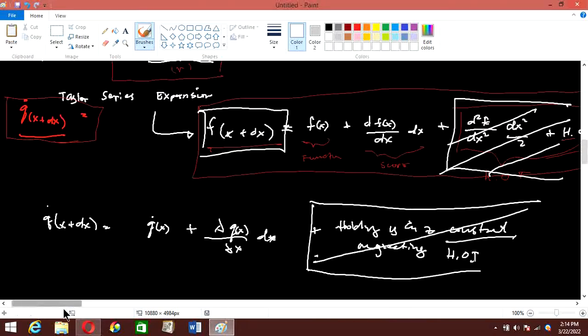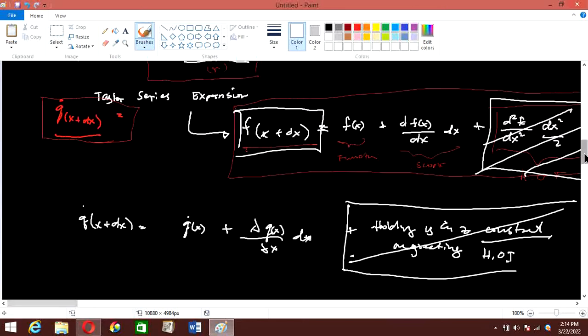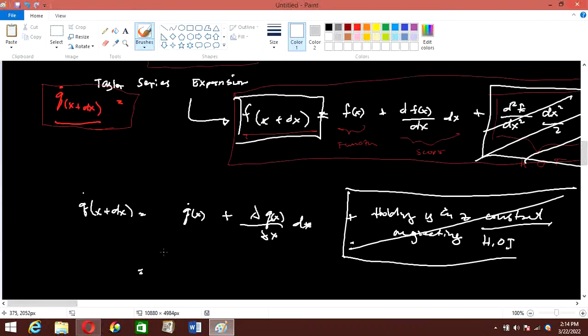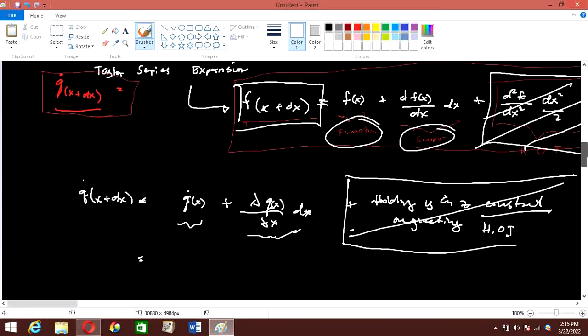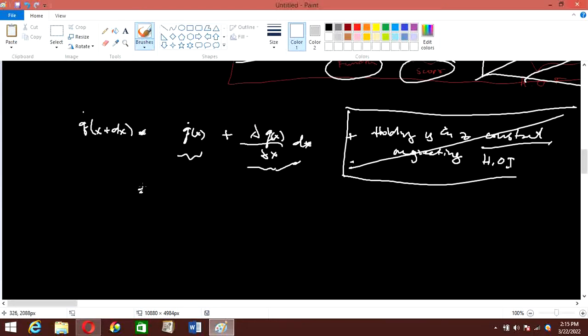So we only have these two expressions now: the function, this part, and the slope, this part. So substituting the values of our qx, we substitute the value.